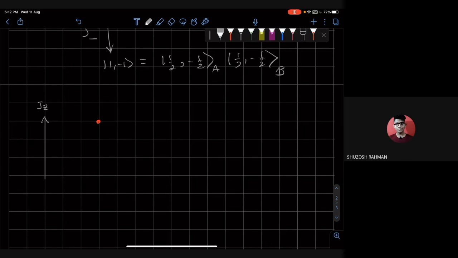And if I apply the J minus operator, I'm going to get another state, but its Jz value will be 0, right? And that is this state. And here we have this state, okay?